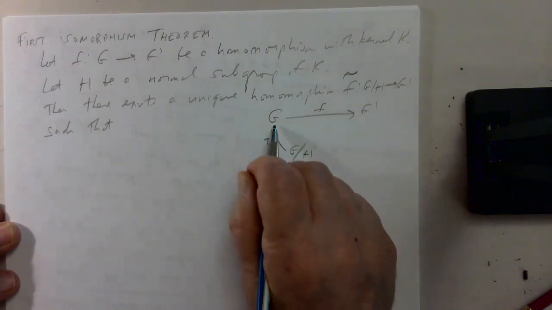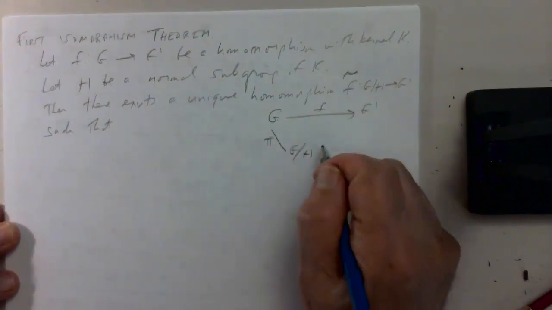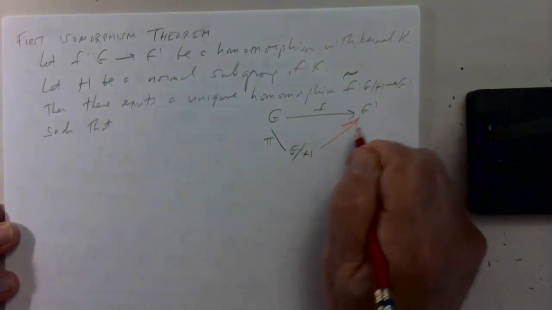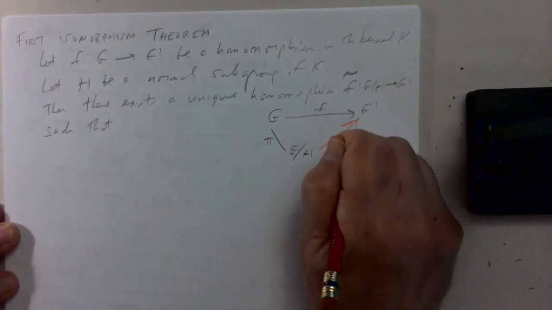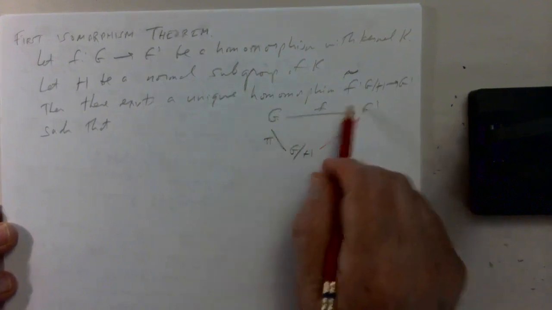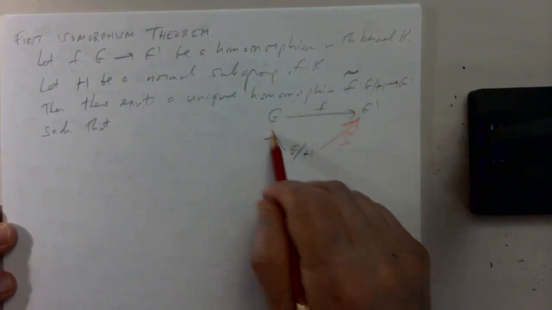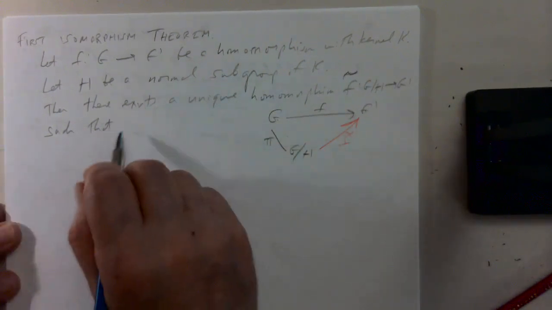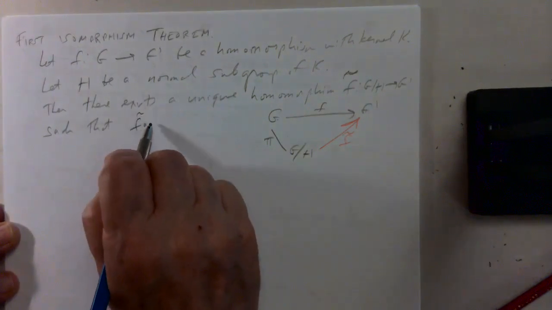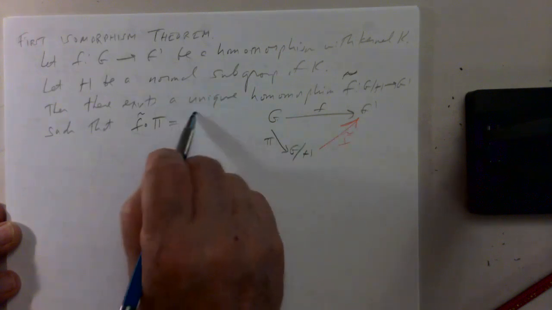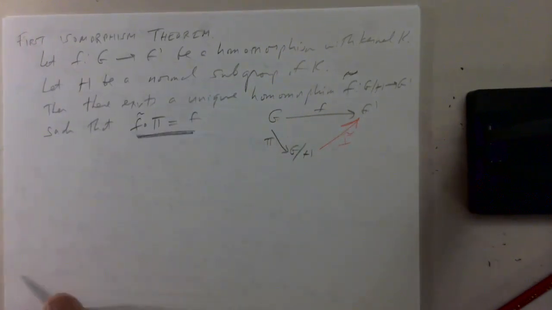So there's a canonical homomorphism pi from G to G mod H. And the theorem says then that there exists a homomorphism f tilde from G mod H to G prime, such that if you go from G to G prime, either along this path or along this path, you always end up at the same place. What that means is that f tilde composed with pi, go first pi and then f tilde, is equal to f.